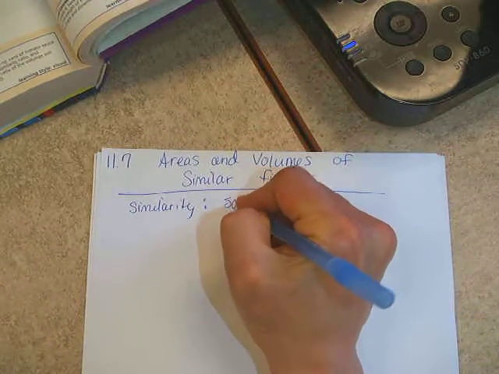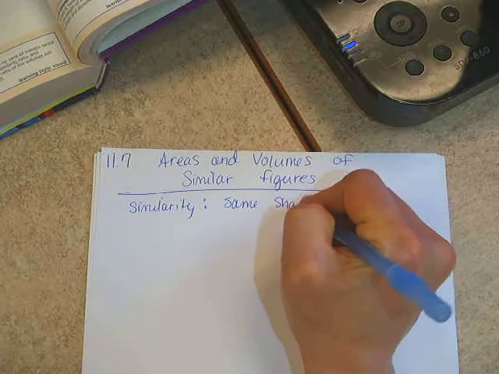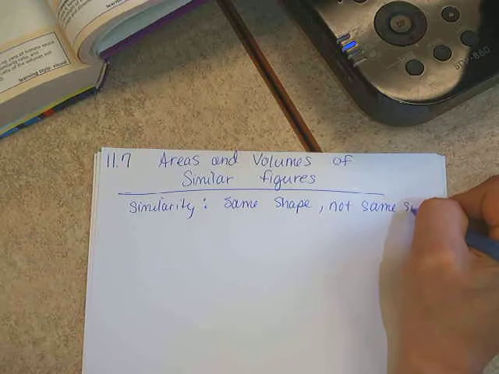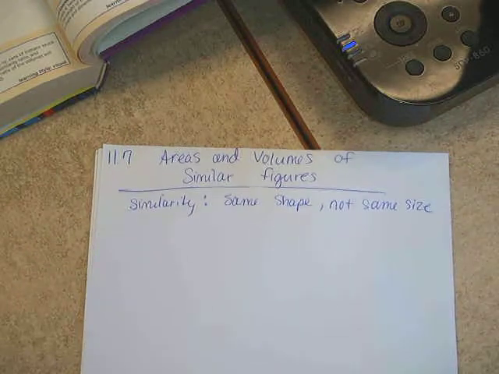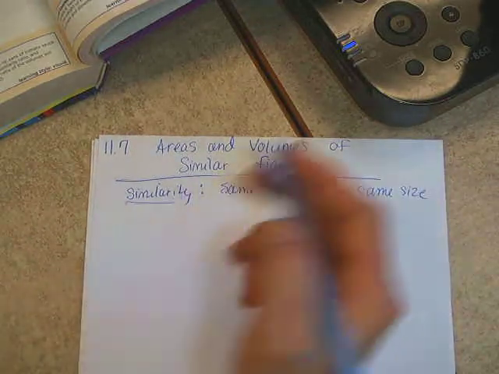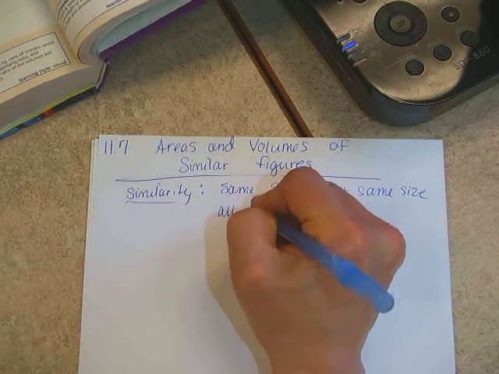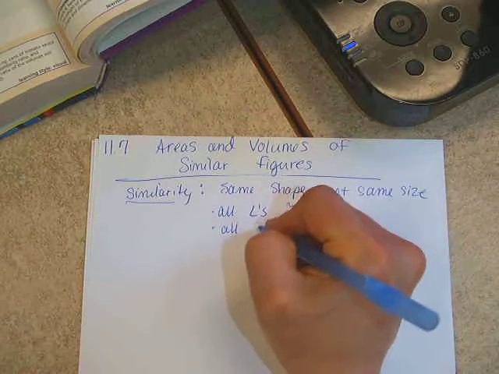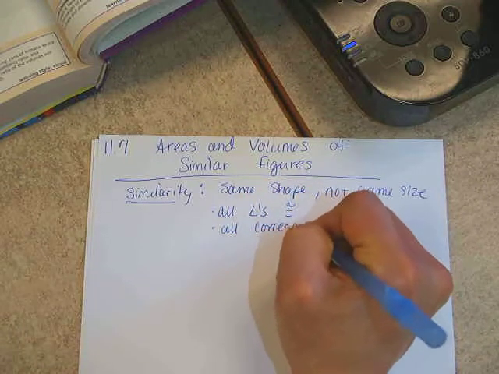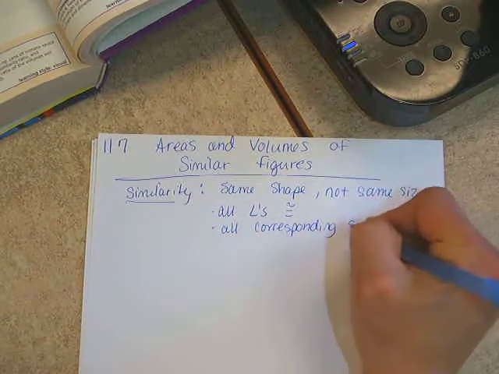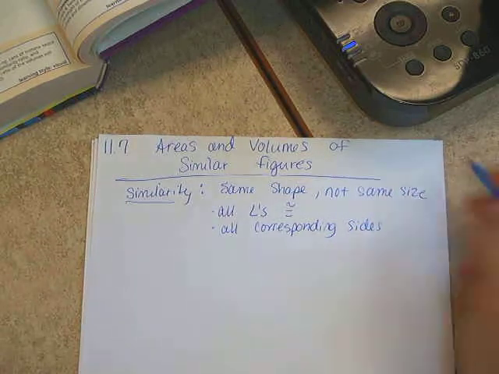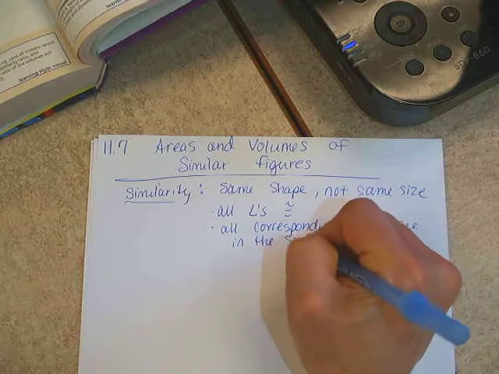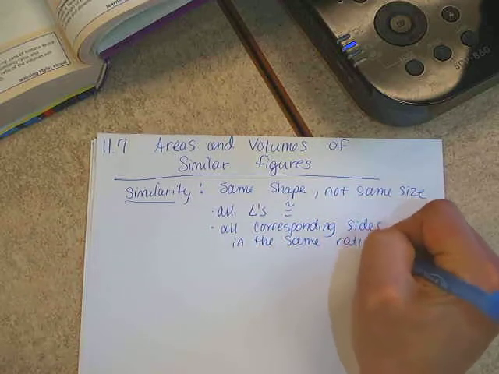we have same shape, not the same size. Okay. However, all angles are congruent, and all corresponding sides are in the same ratio.